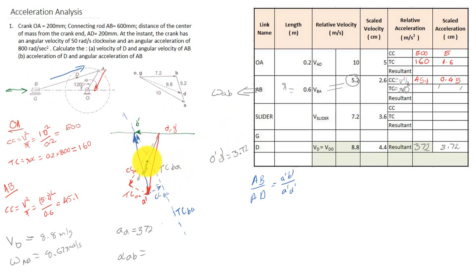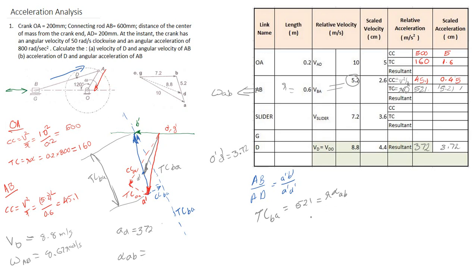Upon measuring this dimension, the value is 5.21 centimeters, and the corresponding tangential component value is 521 meter per second square. That means the tangential component of BA is equal to 521, which is equal to r alpha AB.